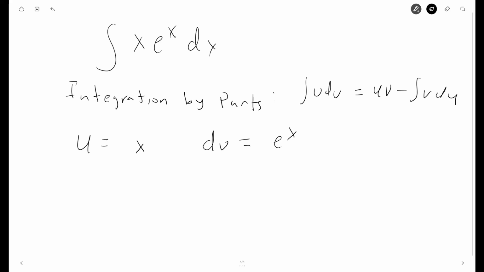Okay, so let u prime equal to 1, and then the integral of e to the x dx is equal to e to the x.